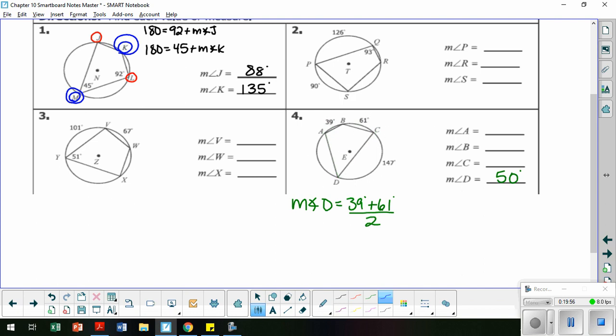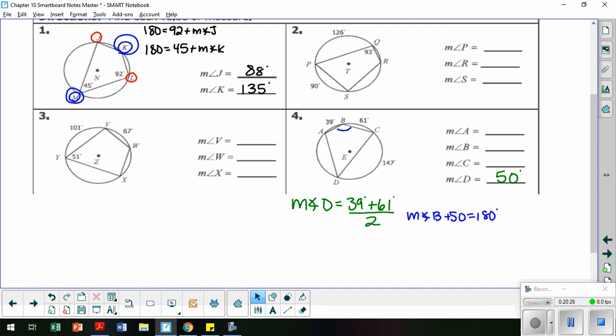Okay, we've got this right here. So, hold on a second. If we know what D is, wouldn't B right here be supplementary to it? Of course it would. So the measure of angle B plus D, which is 50, equals 180.